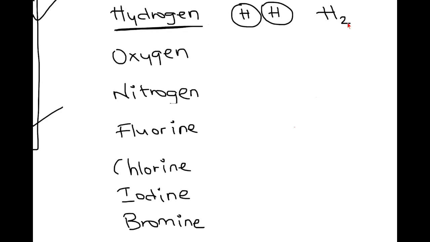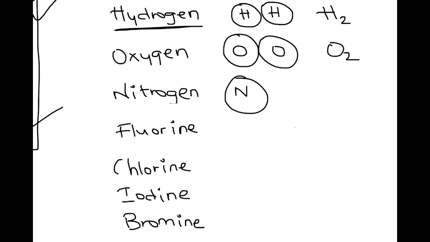Remember that the number as a subscript always shows how many atoms of that element there are in that molecule. So H2 represents a hydrogen gas, which is two atoms of hydrogen in that molecule. Oxygen exists as oxygen gas because there's two oxygen atoms in that molecule. Nitrogen exists as N2 because when you have nitrogen, there are two atoms of nitrogen that combine together.